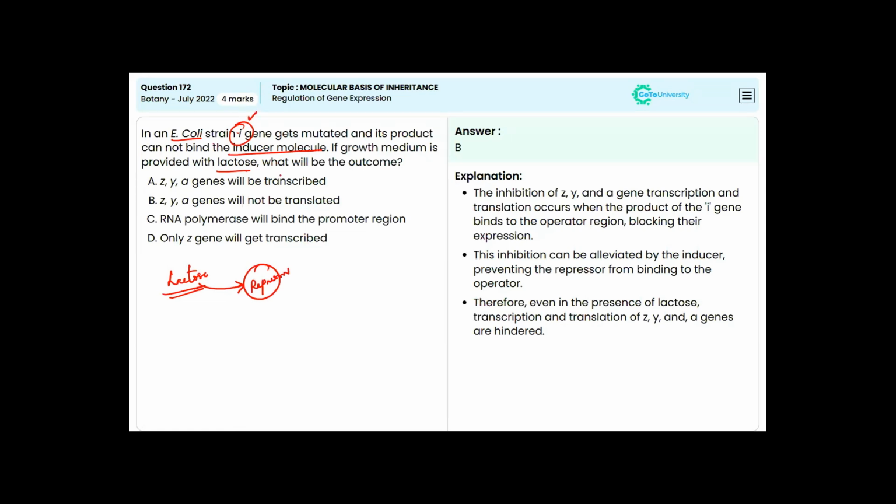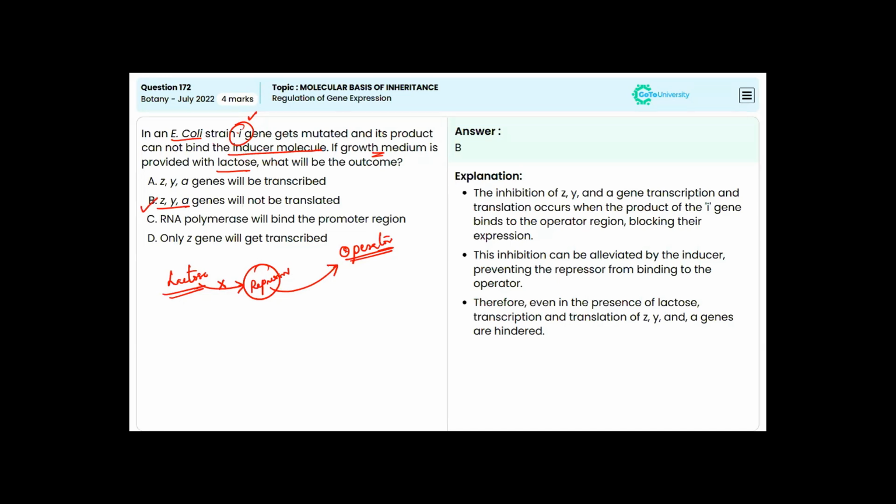As the I gene got mutated, the repressor will not be able to bind to lactose even if it is present in the medium. If the repressor is not able to bind to lactose, it will bind to the operator, which will stop the expression of the ZYA genes. That means the ZYA genes will not be transcribed or translated into the proteins. So option B is the correct answer.